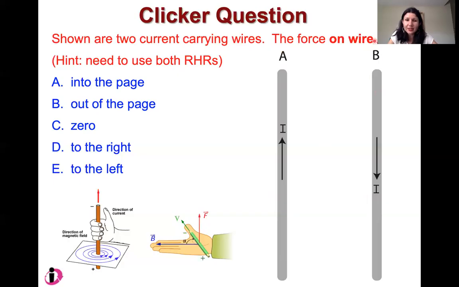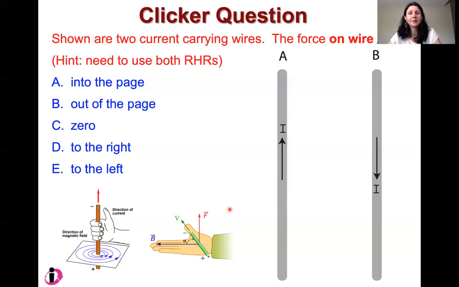B generates a magnetic field everywhere in space, but we only care about the direction of the magnetic field at the location of wire A. Once we know that, we have a bunch of charges. Current, remember, is the motion of positive charge, so we have a bunch of positive charges moving with a velocity pointing upwards in the presence of that magnetic field. So we can use our second right-hand rule to figure out the force.